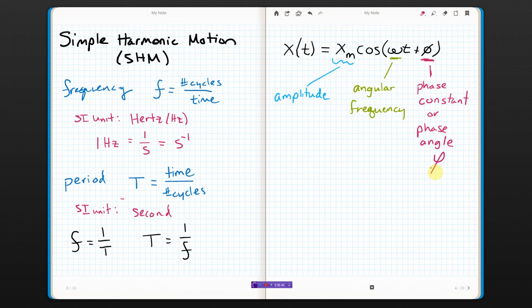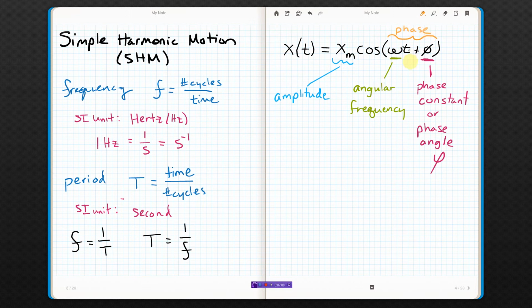I also think it looks prettier. Anyway, this whole thing that's inside the argument for cosine is called the phase.